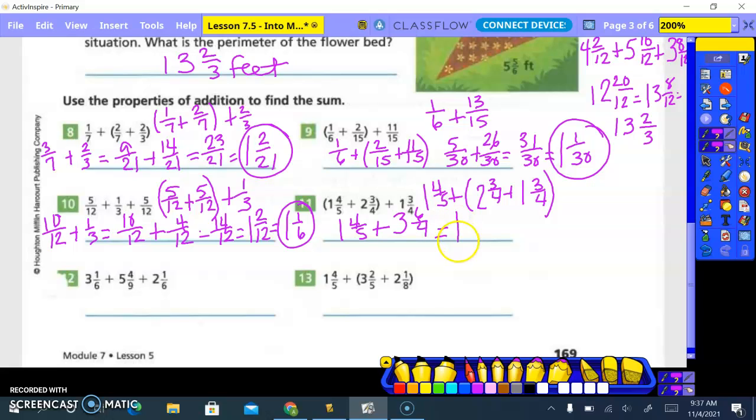So 1 and 16/20 plus 3 and 30/20, which gets me 4 and 46/20, which gets me what? 6 and 6/20, because 20 can go into 46 twice, right? And 20 times 2 is 40. So what goes into both 6 and 20?